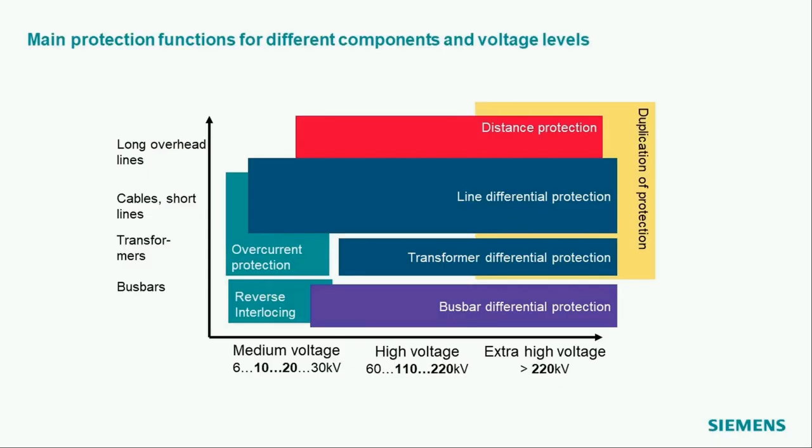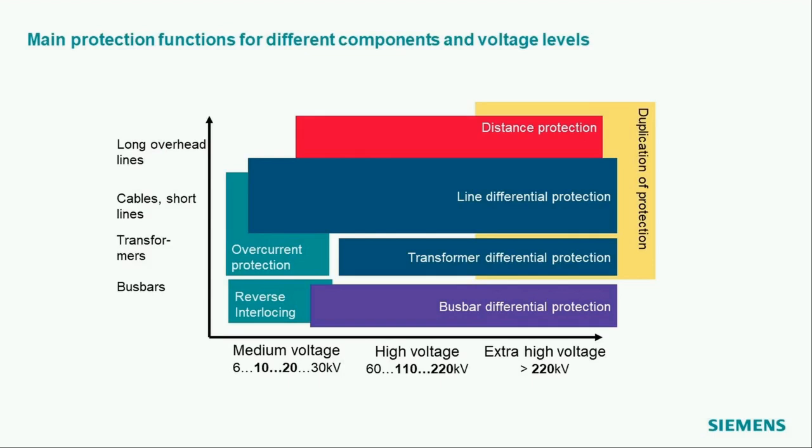And in order to explain that, I would like to show this diagram. You see here the different areas of application. On the horizontal axis, you see the voltage levels, starting from medium voltage, via high voltage levels to extra high voltage, or you can say from the distribution via subtransmission to the transmission level.